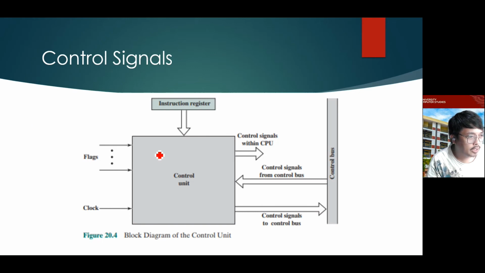In this diagram, we can see the block diagram of a control unit, from the instruction register to the control unit, to the system bus or the control bus. This is the general model of a control unit showing all the inputs and outputs.